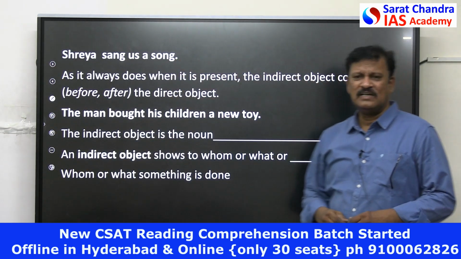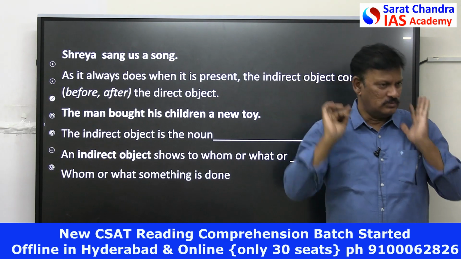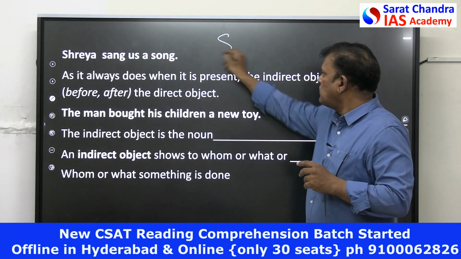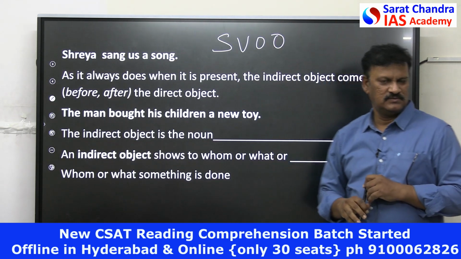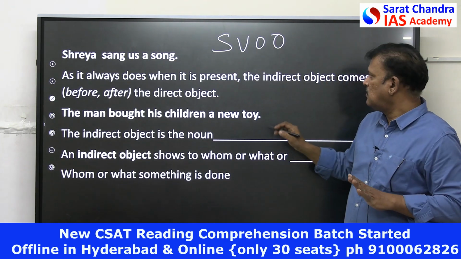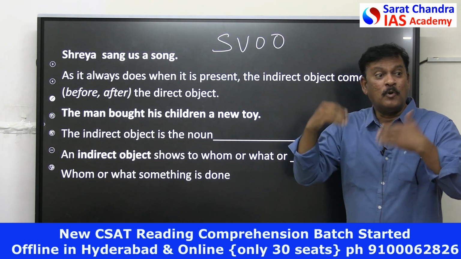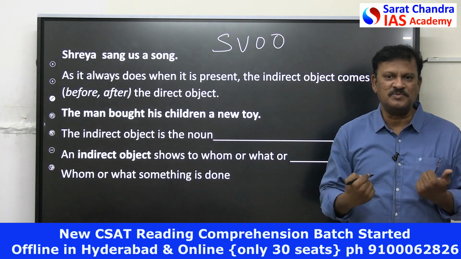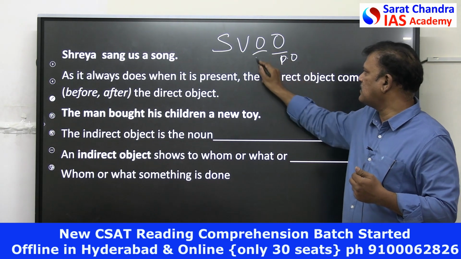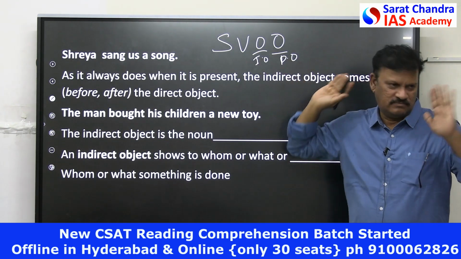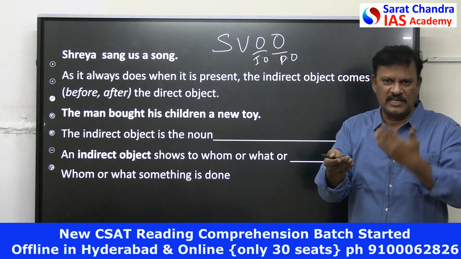Okay. One blind rule: if you have something like this, SVOO, by virtue of the position I can make out which one is the direct object and which one is the indirect object. This is the direct object, this is the indirect object. Even if I don't put the questioning, this is what?